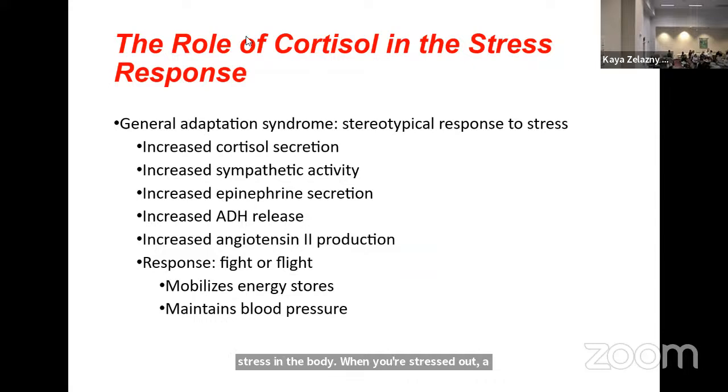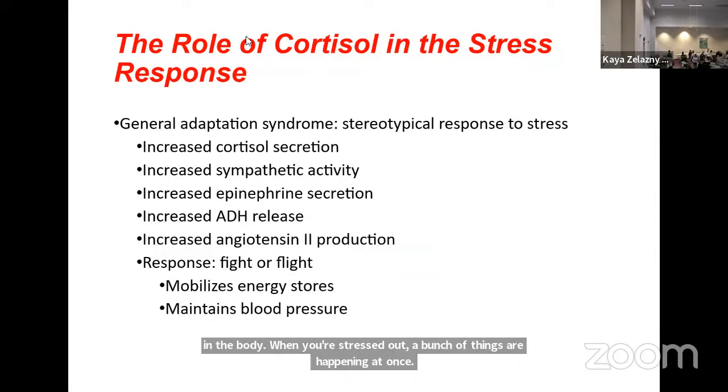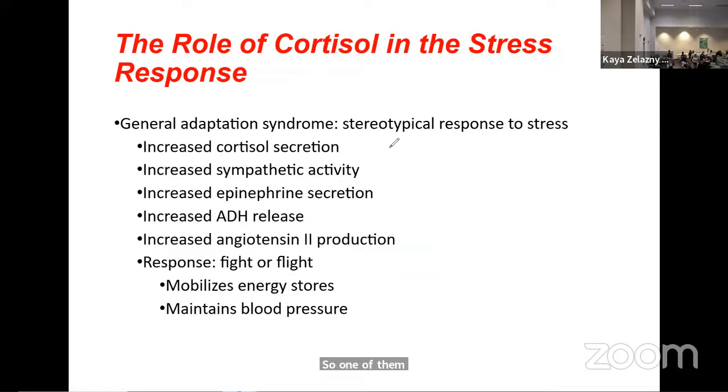So one of those things is you increase your cortisol secretion. When you're in the stress situation, you're also increasing sympathetic activity. Right? That's our fight or flight part. So that's another effect happening in response to stress. You're also releasing epinephrine, which is synonymous with adrenaline, from the adrenal medulla, also part of our stress.